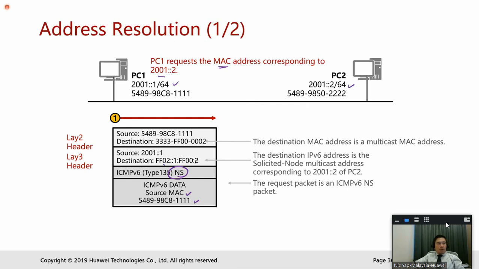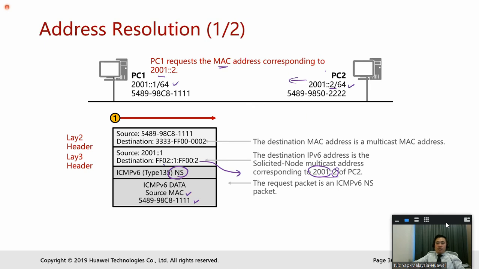This :2 represents that they're looking for 2001::2. They do not need to know about the prefix in front; they only need to know the 2. When you are the 2, you need to respond back to me.